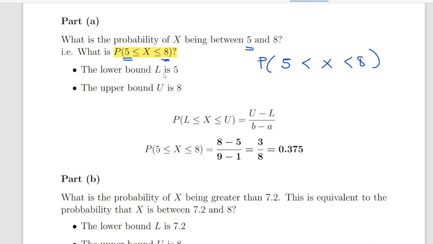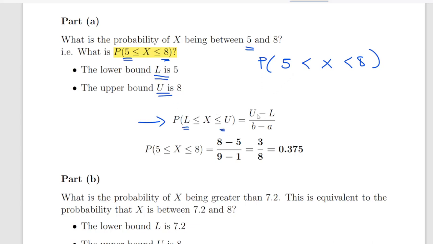So going back to our interval, we're going to state our lower bound L is 5 and our upper bound U is 8. Now that U here is the upper bound of an interval, so it's not anything to do with the name of the distribution in this instance. Okay, it can be a little bit confusing, but anyway, it's just lower and upper bound.